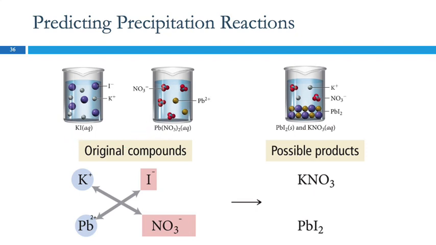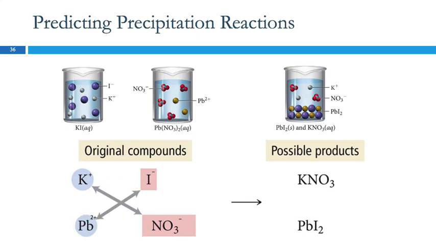And what we want to do is identify what are the ions in those compounds. So potassium iodide has potassium ion and iodide ion. Lead nitrate has lead ions and nitrate ions.